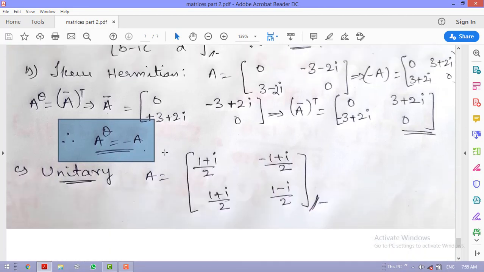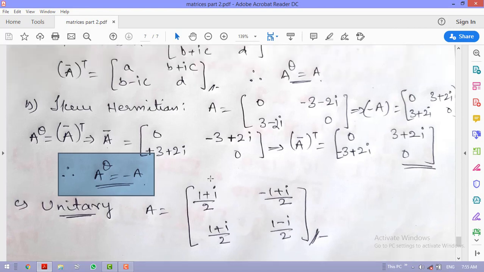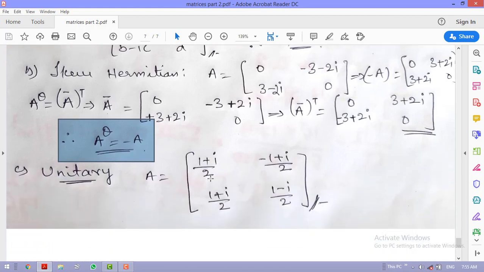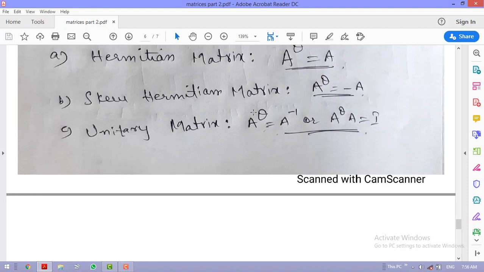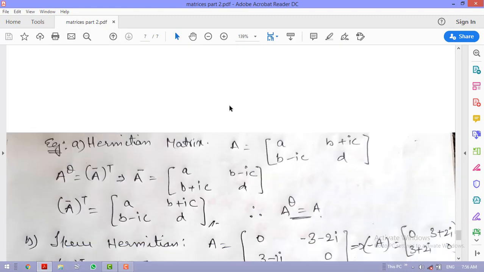And finally, a unitary matrix. A unitary matrix is equal to 1 plus i by 2, minus 1 plus i by 2, 1 plus i by 2, 1 minus i by 2. So you can simply check the condition for this. You can first perform conjugate, then transpose, then you see that matrix. After that, find A inverse.